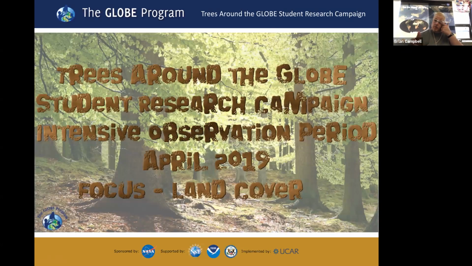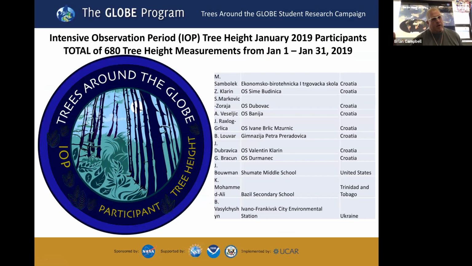So, Trees Around the Globe Student Research Campaign Intensive Observation Period for April 2019. Focus is land cover. And this is just showing you one of the digital badges, the virtual badges for the IOP for tree height measurements. Just want to bring this up again and say congratulations and thank you to all the people who participated.